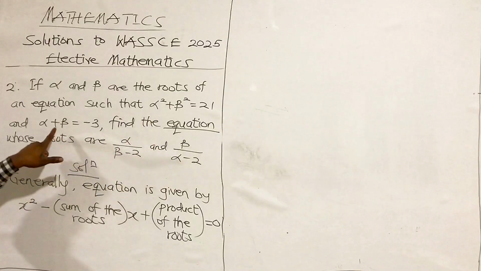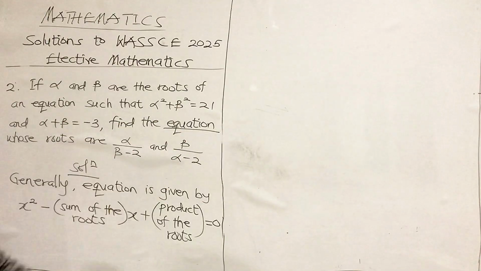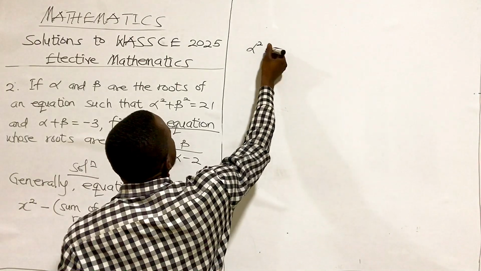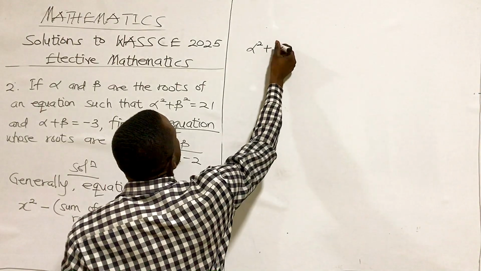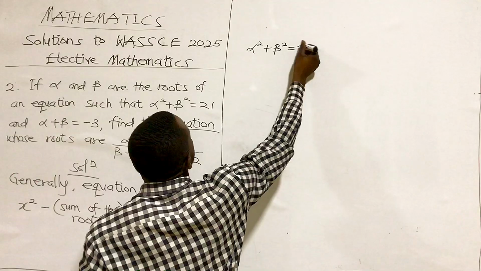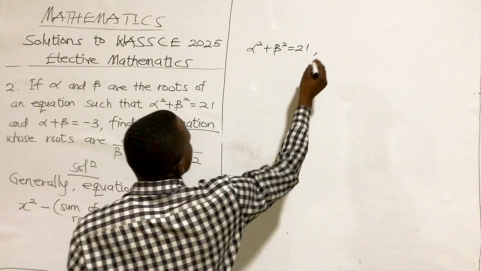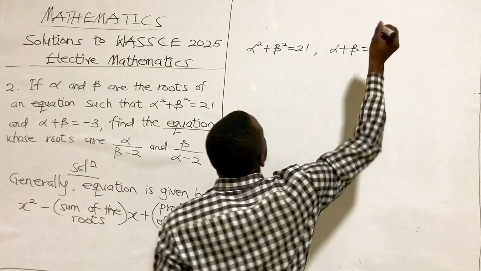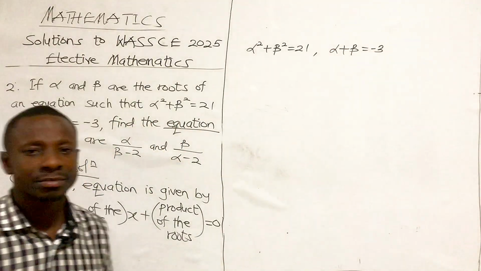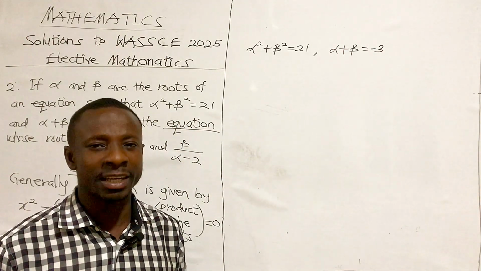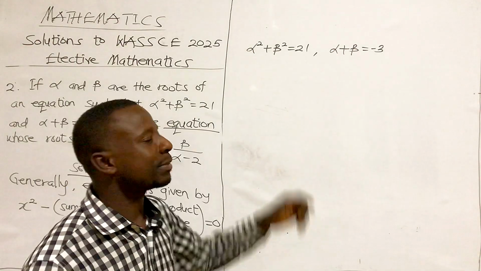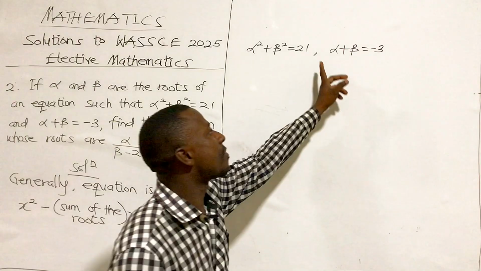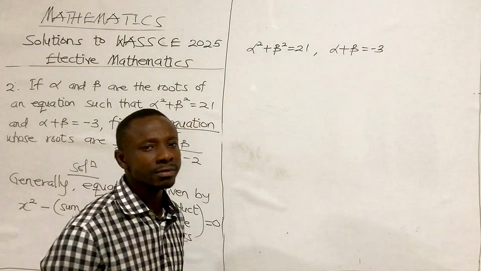Now we have alpha squared plus beta squared equal to 21 given, and alpha plus beta is also equal to negative 3. But something is missing here: alpha beta, the product of alpha and beta.